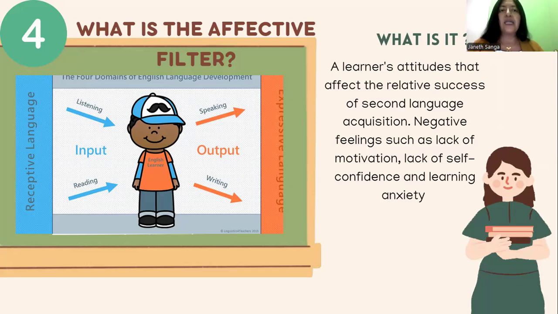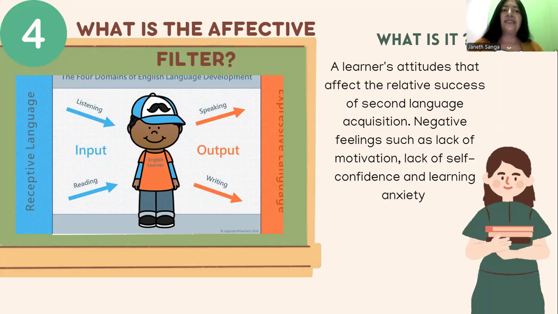The affective filter is really important, because when they are really motivated, they can achieve a new language. But if they are in negative feelings, with lack of motivation, they can't learn a new language.